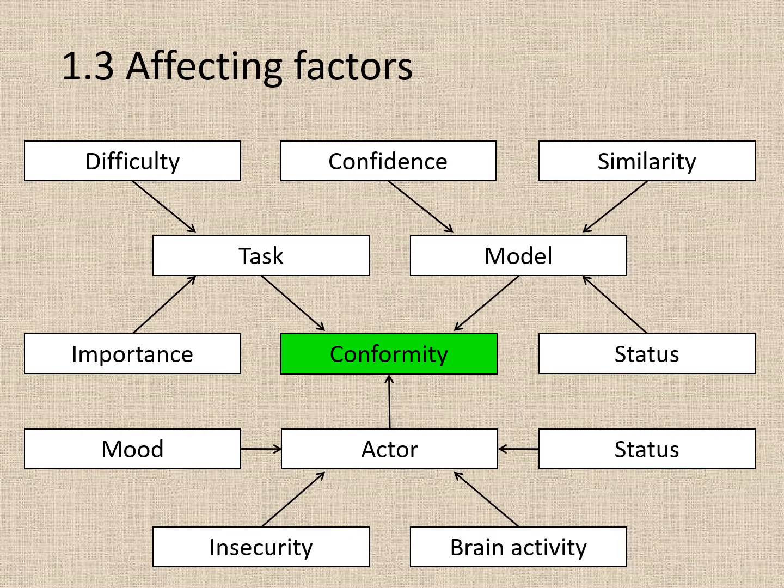Is it always a good strategy to conform? Now we have a look at the downside of conformity. Although it might be a good rule of thumb, if you don't know what to do, look at what others are doing and copy their behavior, it might not work so well in some kinds of situations.